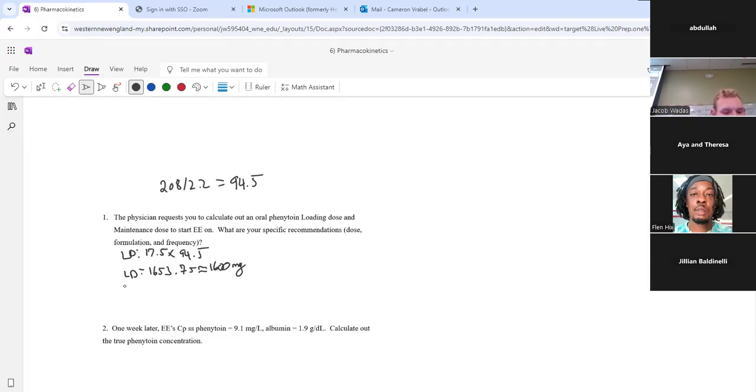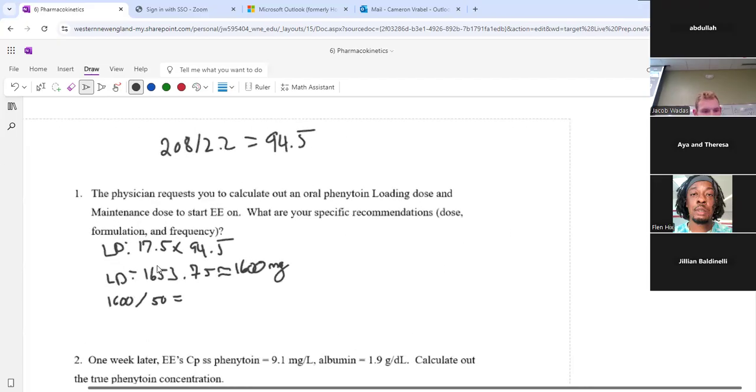And then to figure out how many tablets we need, do 1600 divided by 50, since that's how many milligrams the tablets are. So that's 32 tablets total.